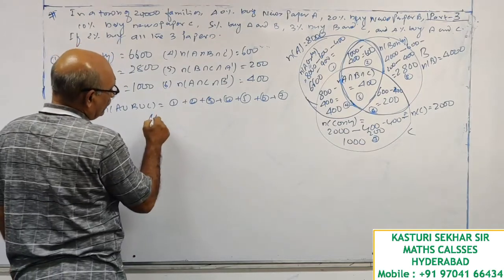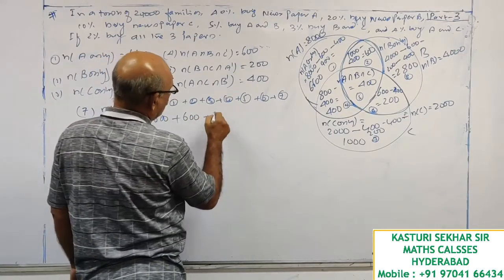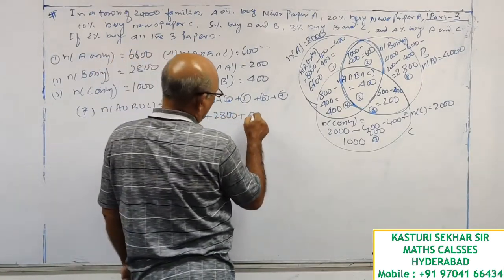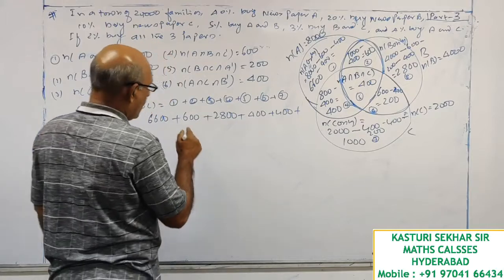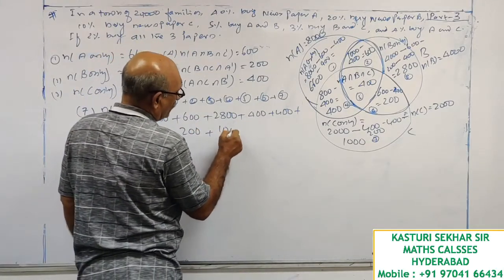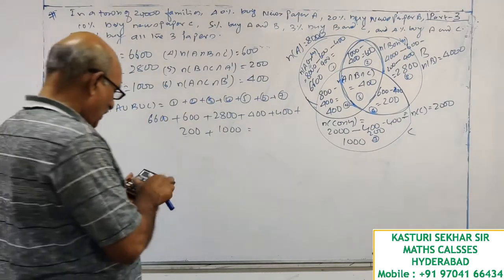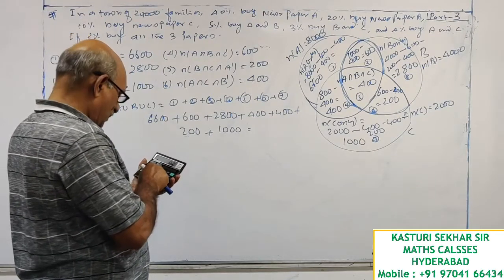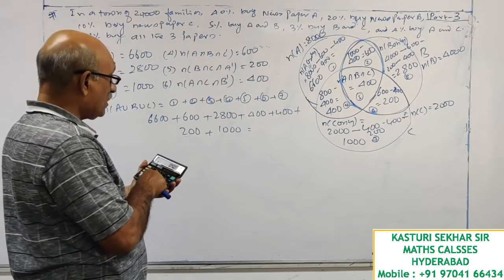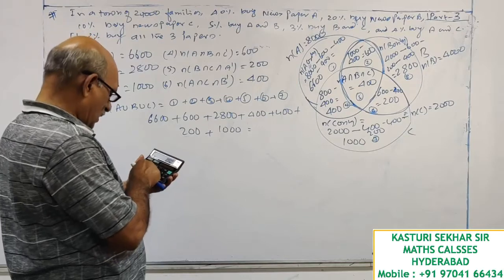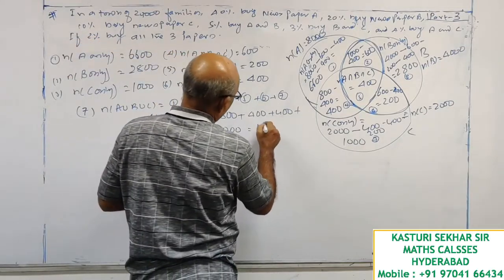So this is 6,600 plus 600 plus 2,800 plus 400 plus 400 plus 200 plus 1,000, which is 12,000.